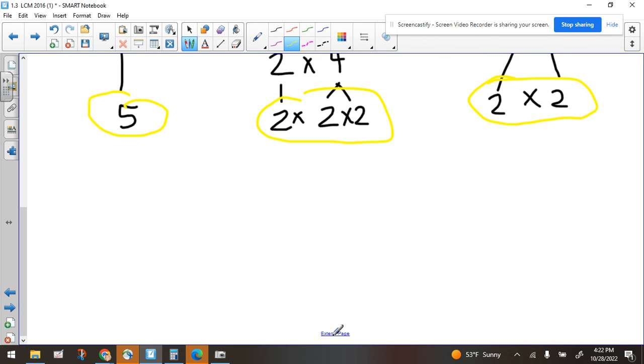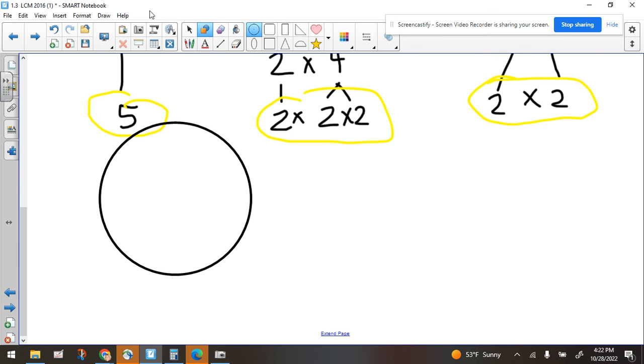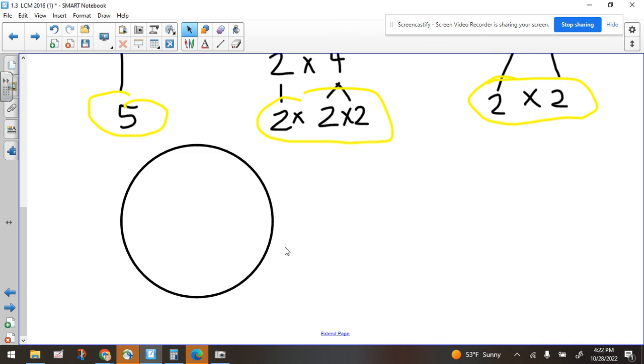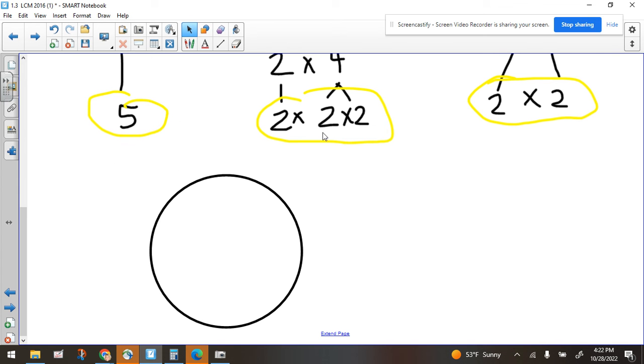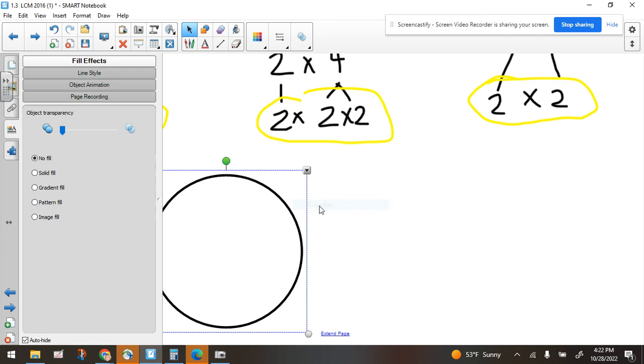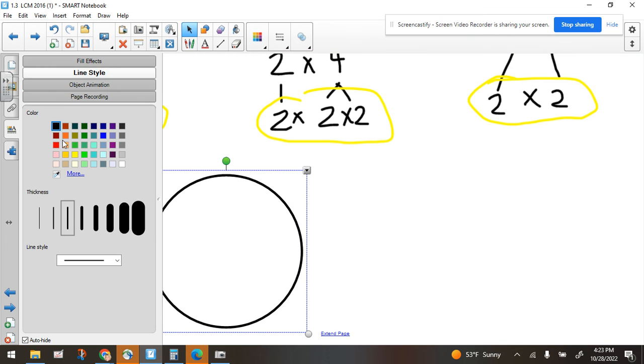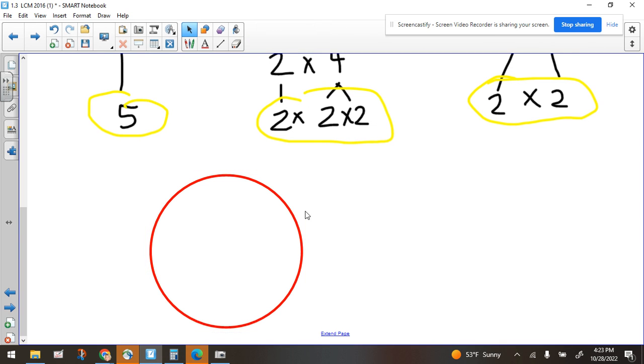Now, when you're attempting to do a Venn diagram, it can be a little bit tricky. So I'm going to attempt to make 3 circles. This circle is going to represent the prime factorization for 5, which is not in common with any others. Let's color code this. Let's make that red.